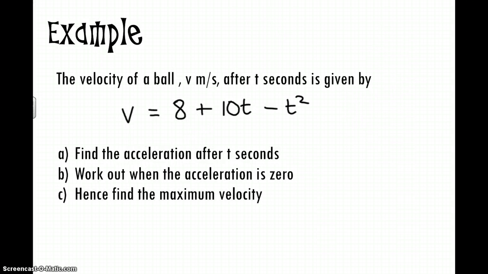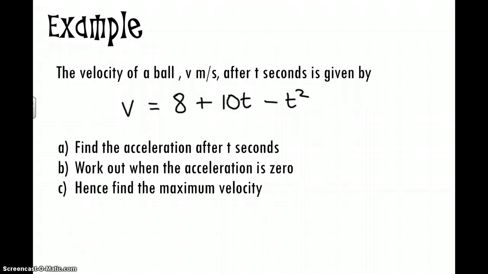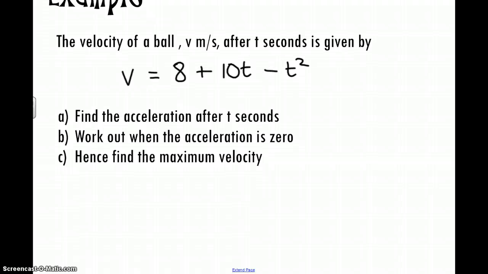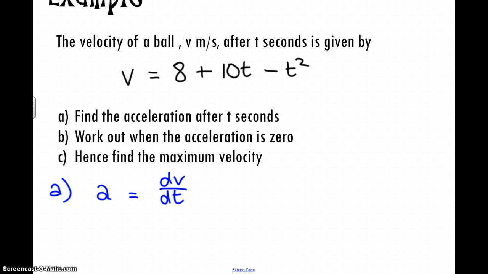So let's do an example to see how this works. The velocity of a ball, v meters per second, after t seconds is given by this formula, v equals 8 plus 10t minus t squared. And first of all, we're asked to find the acceleration of this ball after t seconds. Well, we know that the acceleration is just the differentiation of the velocity with respect to t.